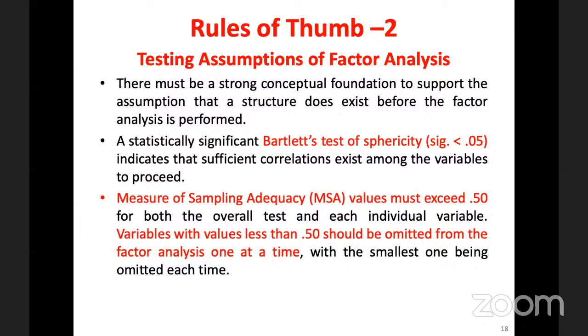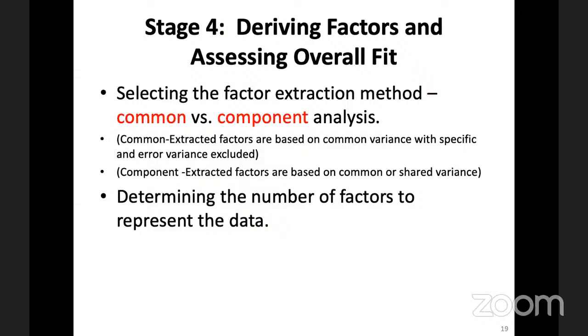If it is significant, we move ahead with the measure of sample adequacy, which is calculated through anti-image correlations, and we'll see that once we do it. This should not be less than 0.5. If it is less than 0.5, then also we cannot conduct factor analysis.